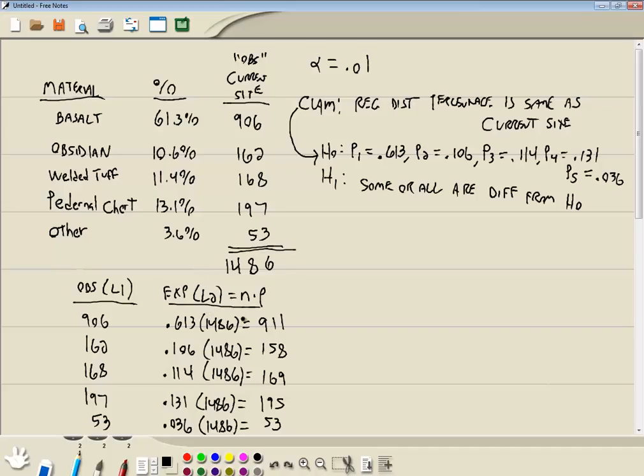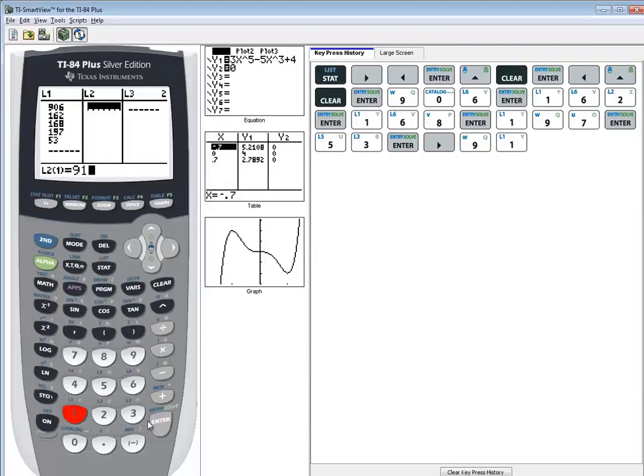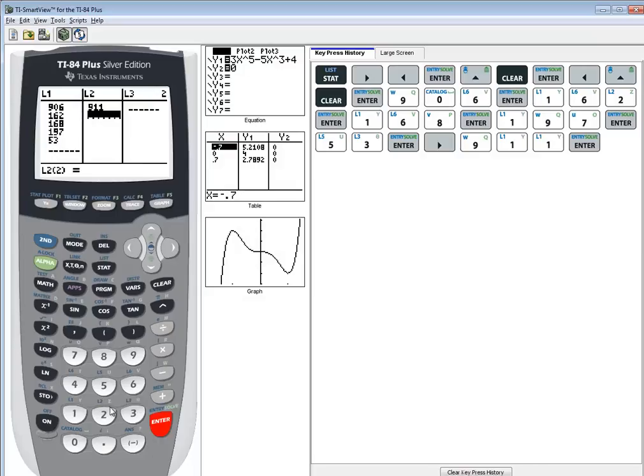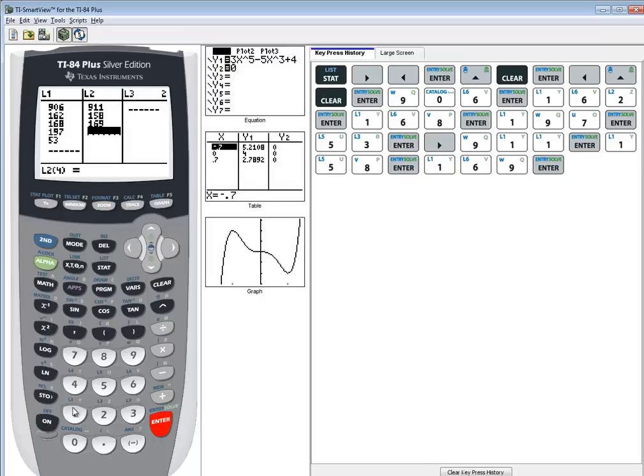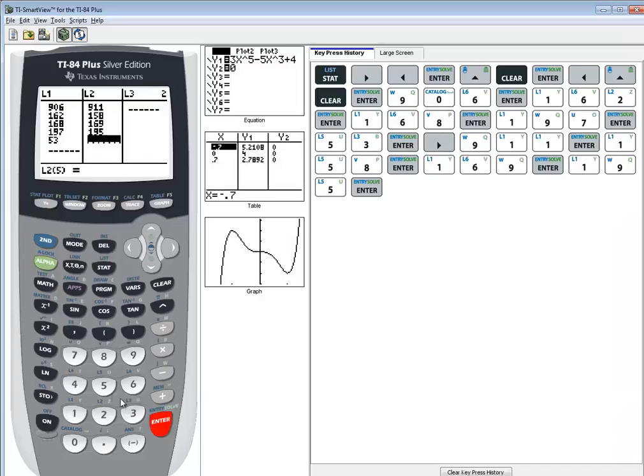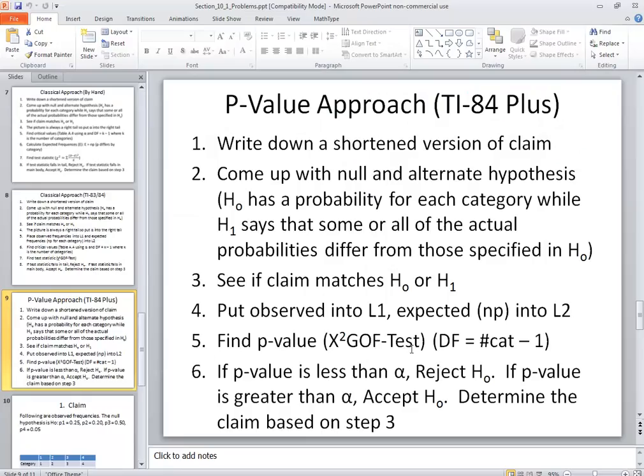In L2, we'll have our expected: 911, 158, 169, 195, and 53. Then we'll exit out, do second mode. That was step 4. Put observed into L1, expected into L2.